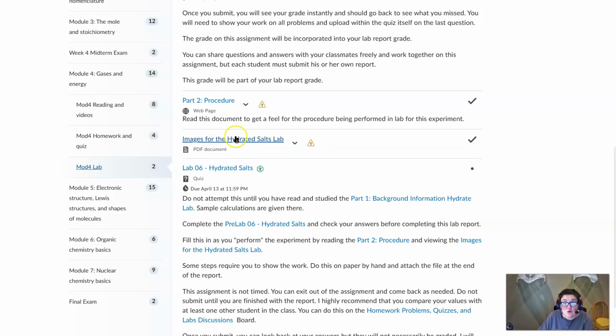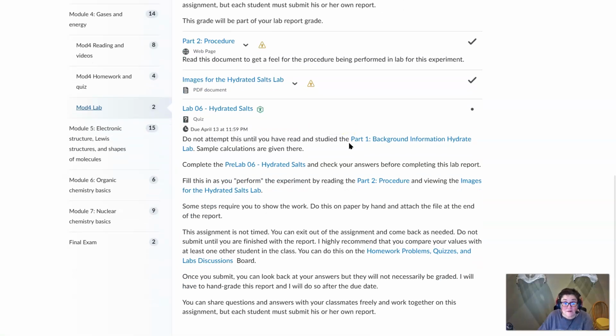This is one where you will be watching or looking at the images of the lab being performed and collecting the data from the images that you see there, the balance readings, as well as the visuals that you're seeing there. All right, so this is your lab. There are calculations for the lab. You will have to submit your calculations on the lab report itself.